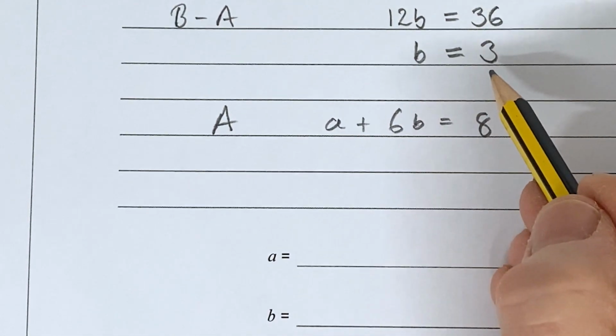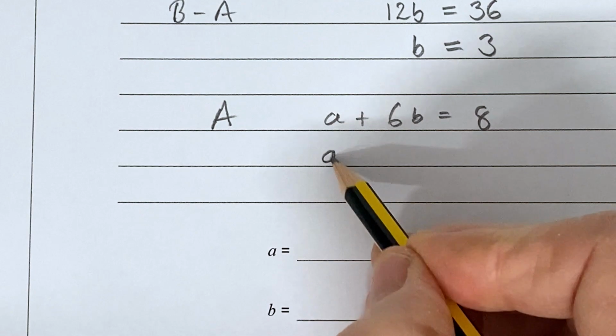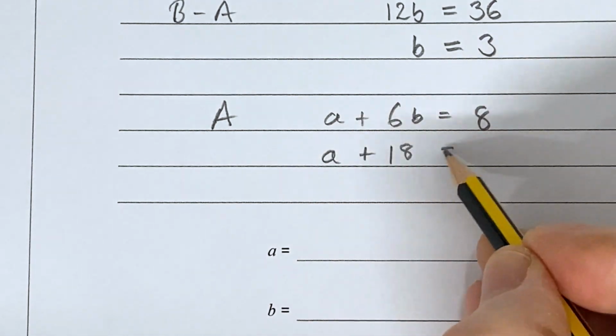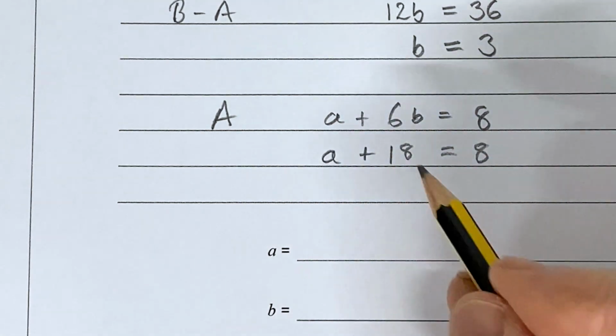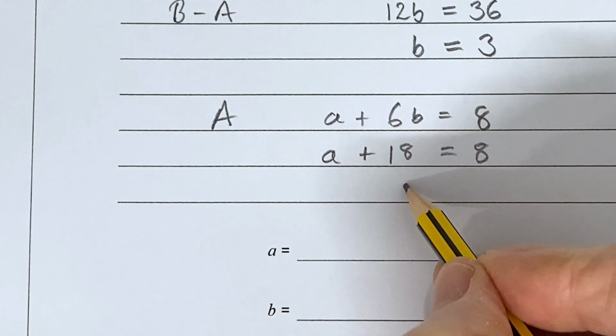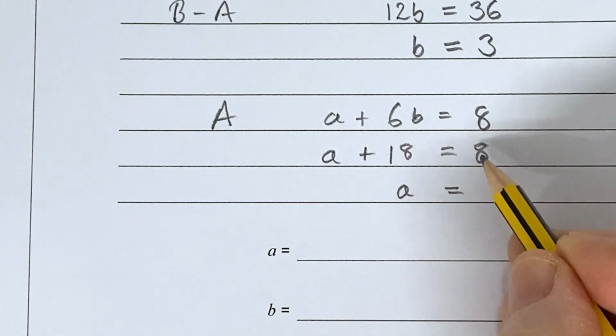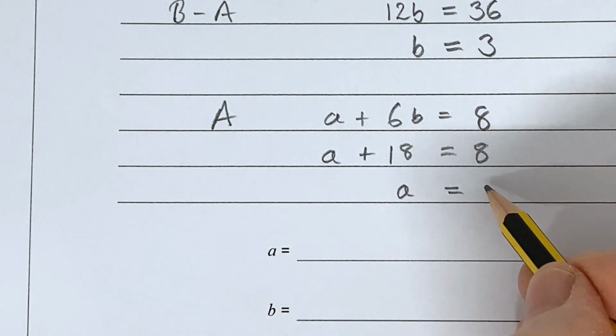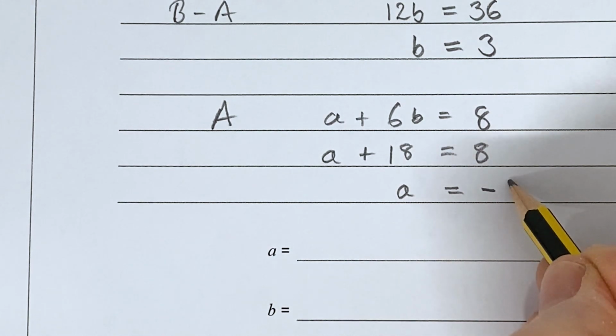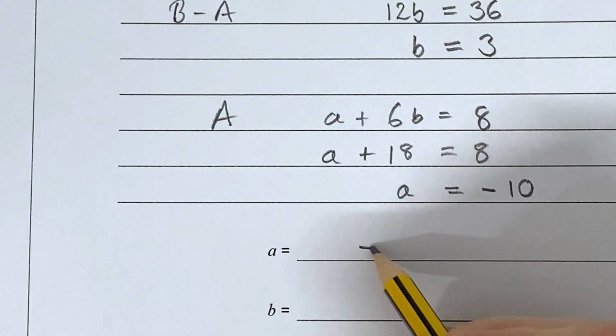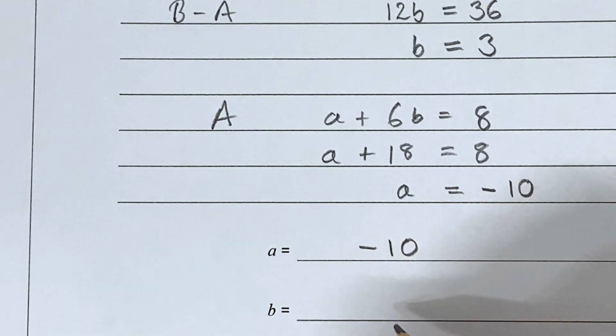Now we know that B is 3, so we know that A plus 18 equals 8. Now I'm going to subtract 18 from both sides, so A equals 8 minus 18, which is of course minus 10. A is minus 10 and B is 3.